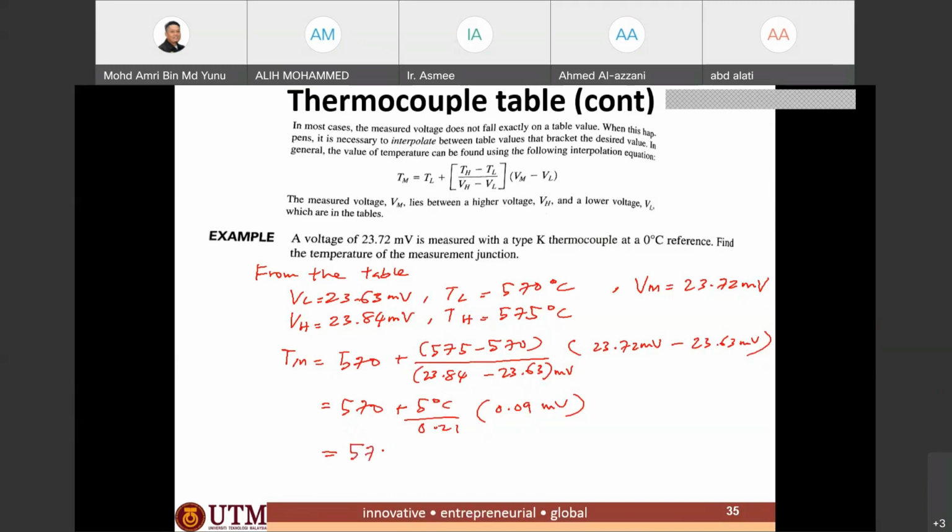Please, Prof, if we look at the equation, we can see Tm equal to TL plus TH minus TL over VH minus VL, all cross VM minus VL. I think we can divide VM minus VL over VH minus VL and go with each other.